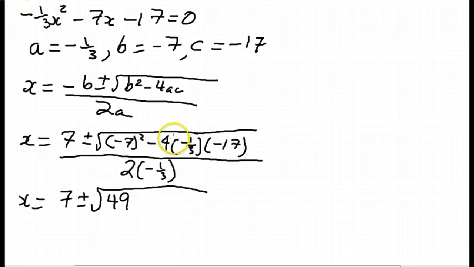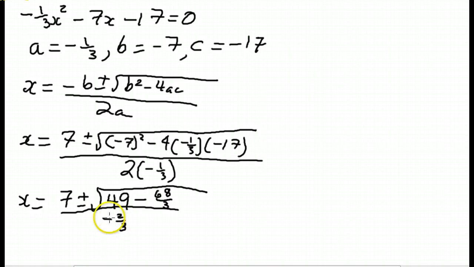The 3 doesn't go into anything. So we have 4 times 17, which is 68, divided by 3. Okay, so it's minus a positive, so it's minus 68 thirds all over negative 2 thirds.